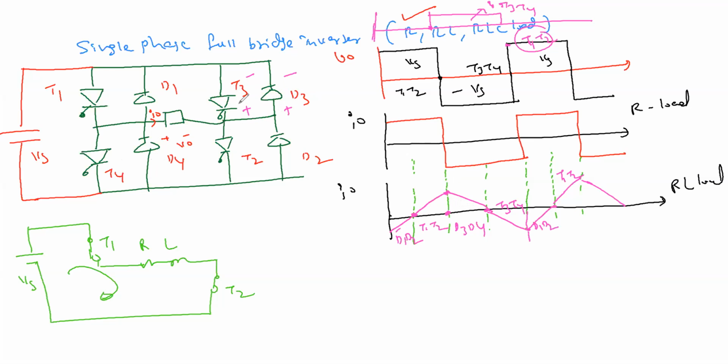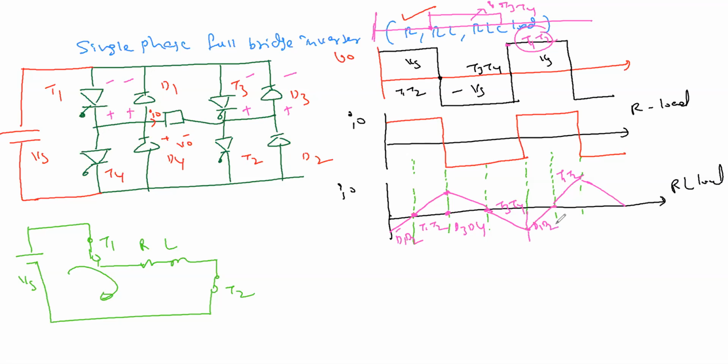Because of that, when D3 D4 are conducting, T3 T4 will never get turned on. Similarly, when D1 and D2 are conducting, plus here and minus here, there will be a voltage drop between them, which means there is a negative voltage across the SCR, which is reverse biased. That is the reason it won't conduct.